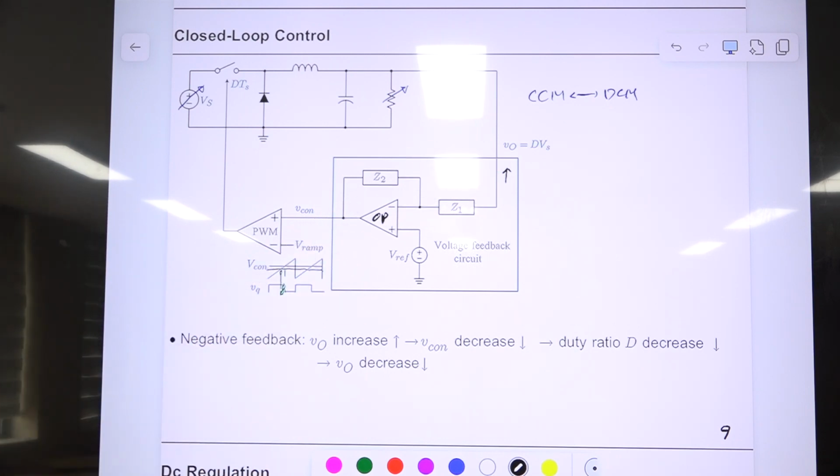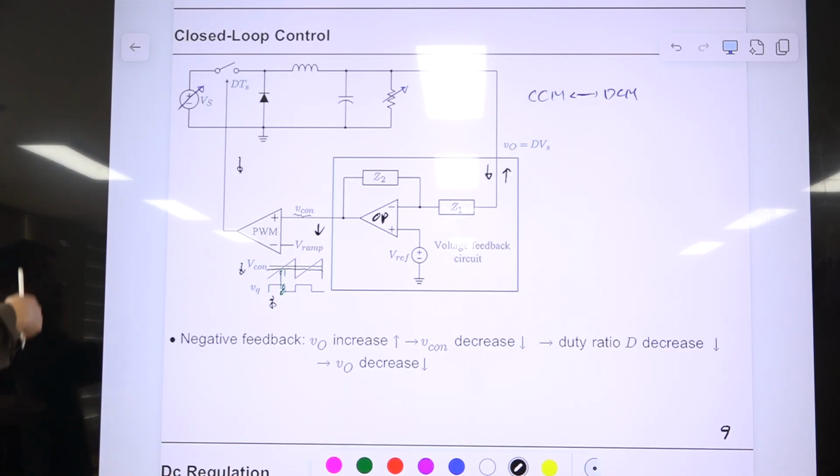So the output is increased, then VO will be decreased. Not VO, VCON is decreased. If VCON is decreased, then this duty ratio will be decreased. So D is decreased, then the output is decreased. So there is a mechanism to fix the error.